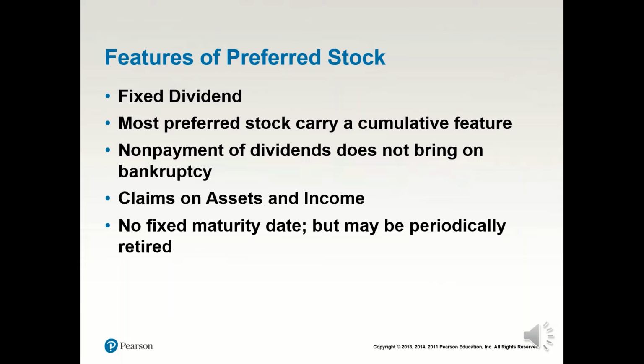Preferred stockholders do have some claims on the assets and the net income based on their ownership. And with preferred stock, there's no fixed maturity date, although preferred stock can be retired periodically.